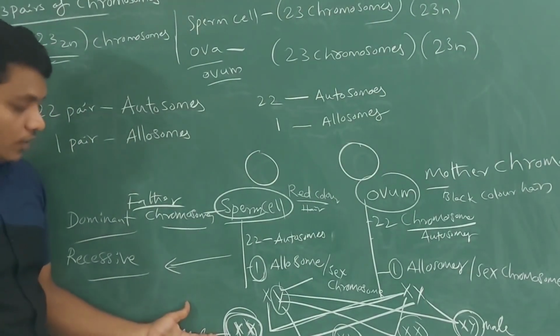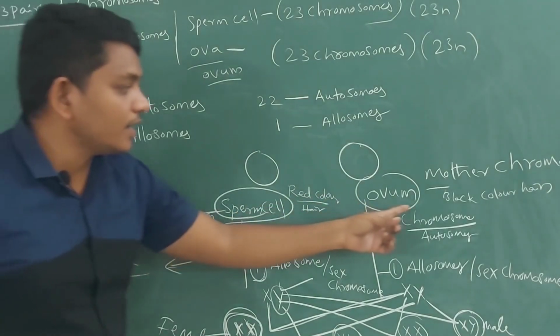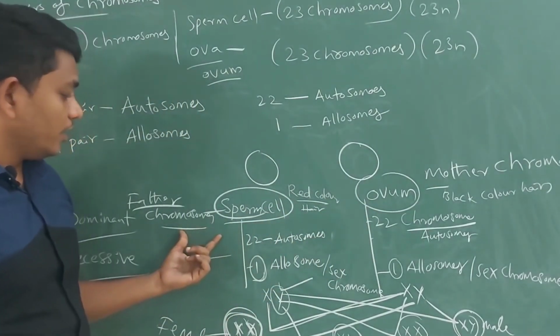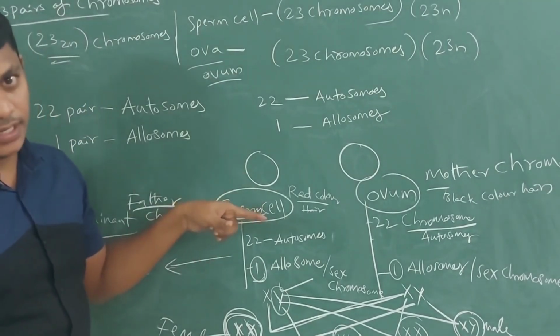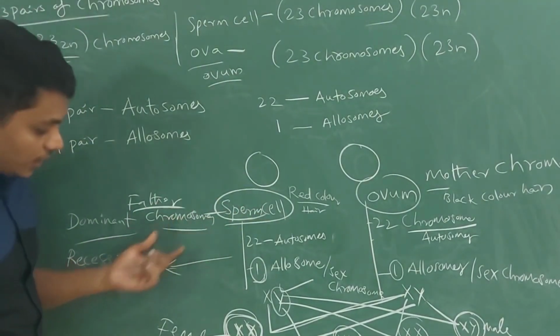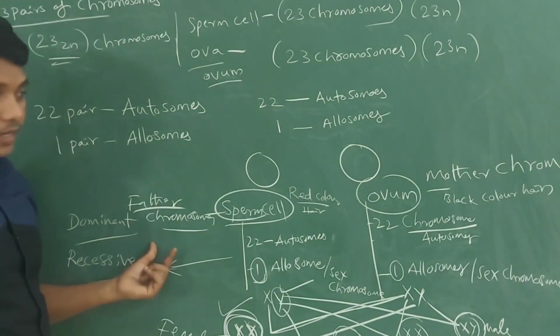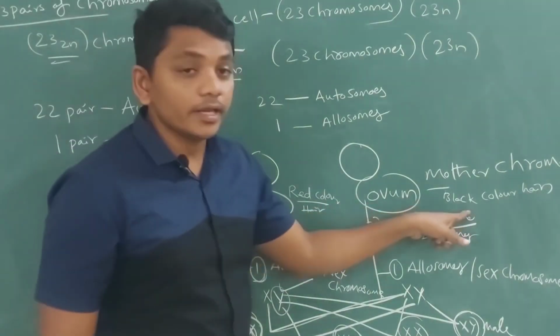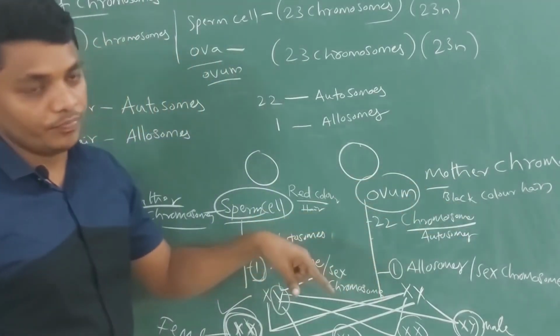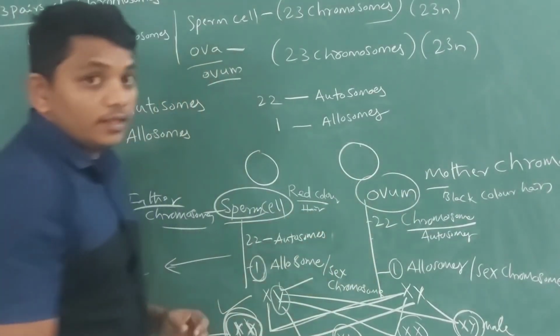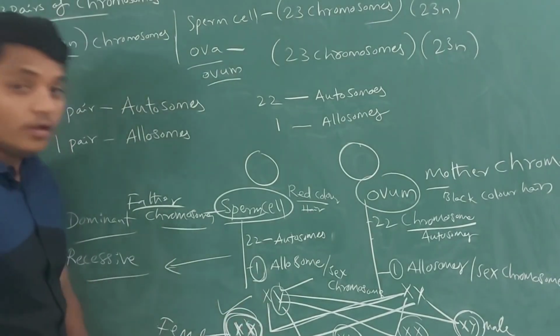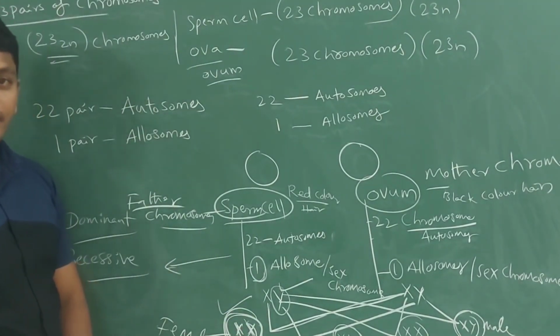If the red color hair is dominant, then the baby will have red color hair. If the black color hair is the dominant trait in the mother, then the baby will have black color hair.